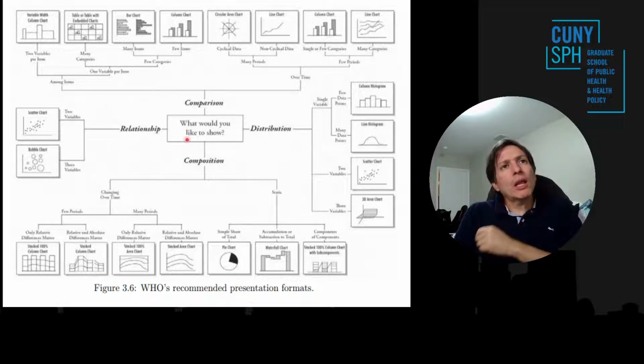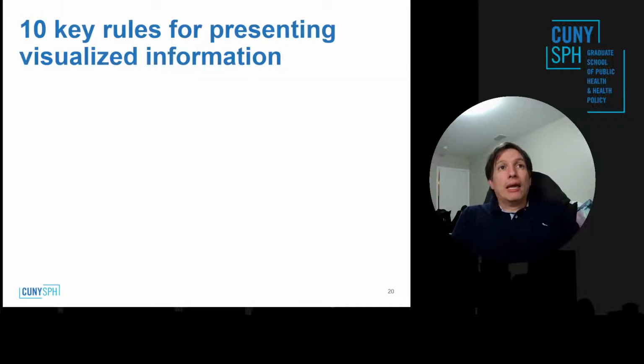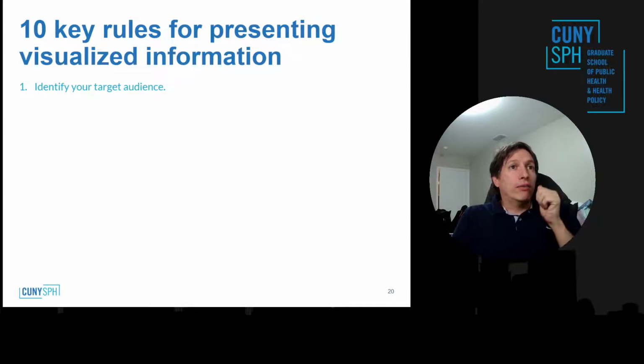Now, if we have our data, we know what our functions are going to be, and we create the proper mapping, there are other rules of thumb or recommendations that we can consider. Those 10 key rules for presenting visualized information are: first, we need to identify who is going to be our audience.